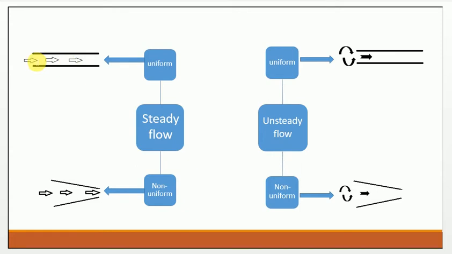For example, take this pipeline. At this point, the velocity is, for example, 5 meters per second. At any given time, maybe at the 10th second or 15th second or 20th second, if you check the flow, it will be the same 5 meters per second. There won't be any change in velocity or pressure or density. Nothing will change. So it's called a steady flow.